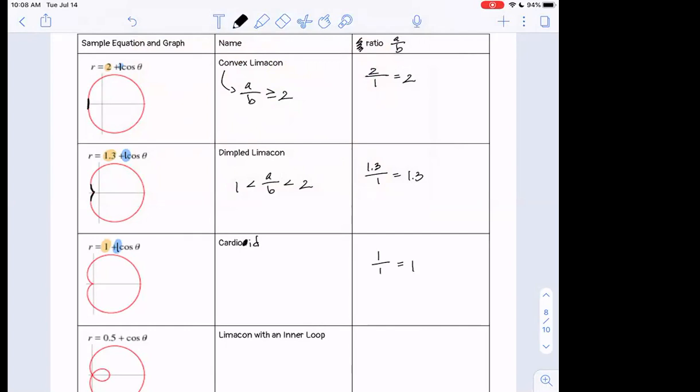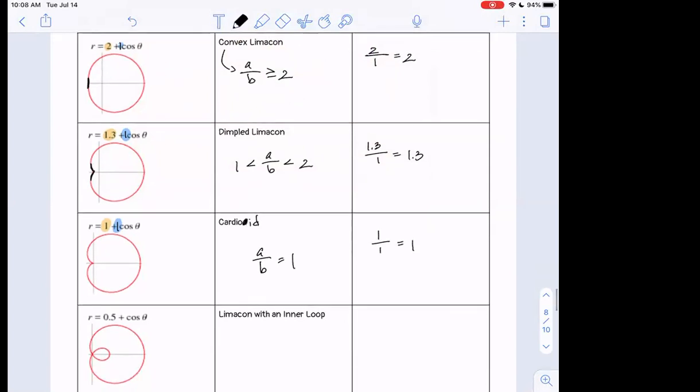Anytime a over b equals 1, we're going to end up with a cardioid. They call it a cardioid because it's supposed to look like a heart. If you turn your head sideways, it kind of looks like a heart. But again, this part right here is a little bit of a larger indent than the dimpled limaçon. That larger indent is the reason why we call it a cardioid.